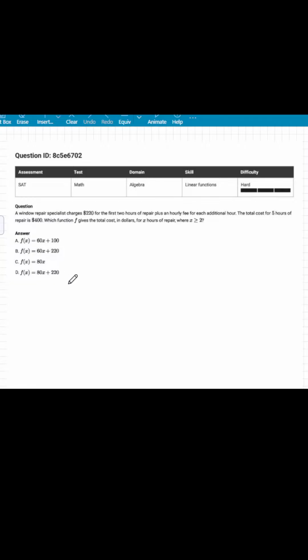So let us put that into the equation. We have 400, which is the total cost, and we have 220, which is the cost of the first 2 hours. So we add 220, and this is the total cost for 5 hours of repair.